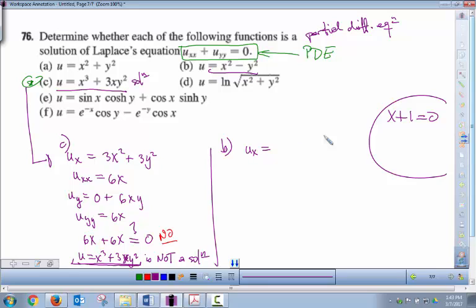We need u sub x. That's 2x. Then u sub xx, that's 2. Wait, let's find u sub y first. u sub y is going to be negative 2y. u sub yy is going to be negative 2. So we take u sub xx and u sub yy and add them, and we get 0.